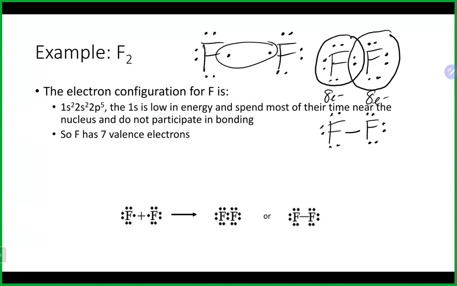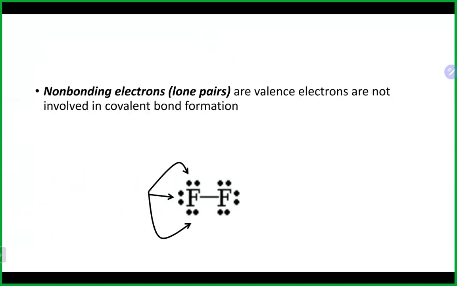So when we look at something like this in a Lewis structure and we see the dots and we see the lines, they do represent different types of electrons in this structure. Let's talk about what each of those represent. For example, all those dots are not involved in bonding.